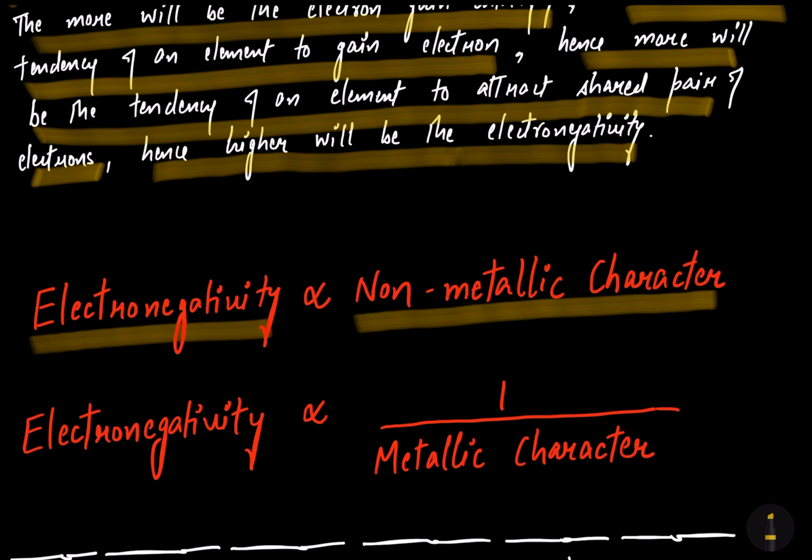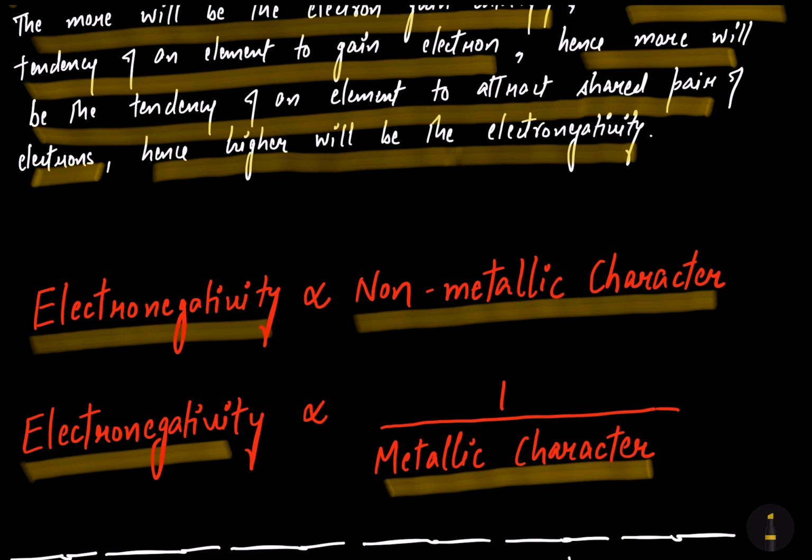And on the other hand, electronegativity is inversely proportional to the metallic character. What do we understand by metallic character? The tendency of an element to lose electrons. But electronegativity is dependent upon the tendency of an element to attract the shared pair of electrons, or we can say the tendency of an element to gain electrons. So electronegativity is inversely proportional to the metallic character.